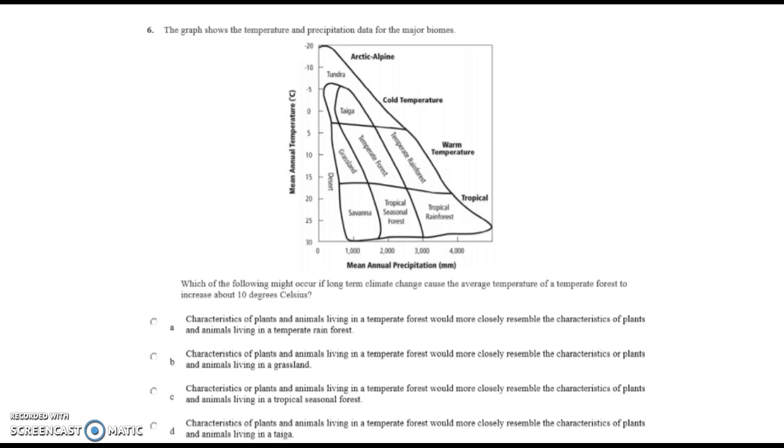B. They would more closely resemble those of plants and animals living in a grassland. C. They would more closely resemble those of plants and animals living in a tropical seasonal forest. D. They would more closely resemble those of plants and animals living in a taiga.